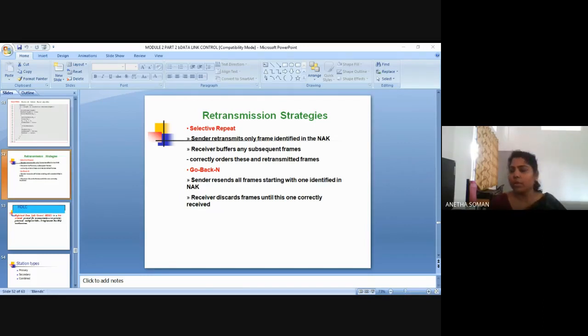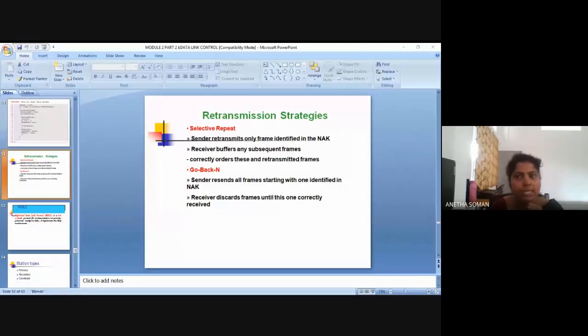Now, last class we were discussing the functions of data link control. One of the functions of data link control is error control. I have told you data link control generally has two parts: one is the data link control and the other one is the medium access control.